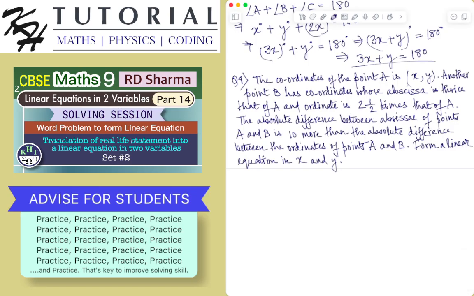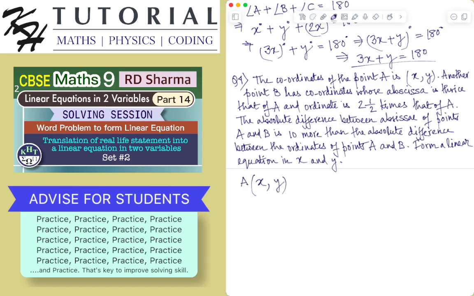The coordinates of the point A is x comma y. Another point B has coordinates whose abscissa is thrice that of A and ordinate is 2.5 times that of A. So we can clearly see that the coordinates of the point A are given as variables. The x coordinate, or abscissa, is x, and the ordinate, or y coordinate, is y.